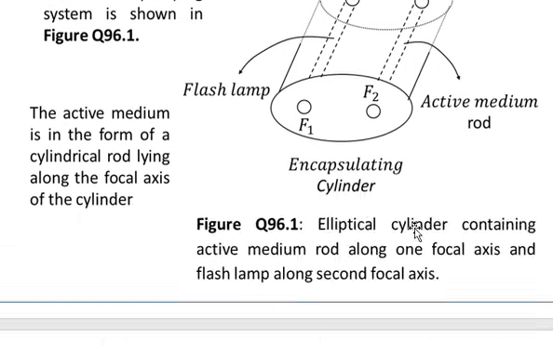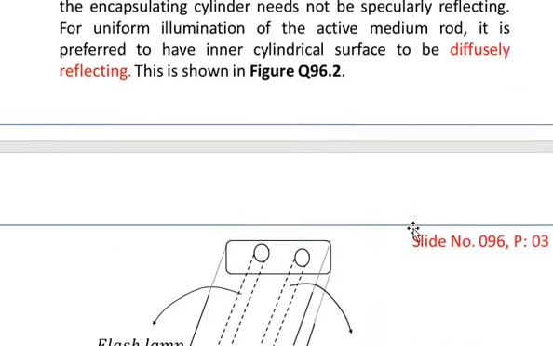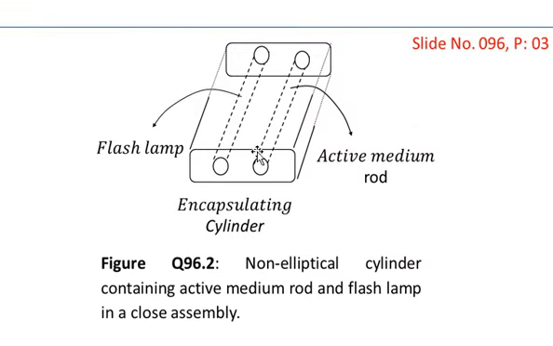But you know that if we have a non-elliptical cylinder, that is, it is not of the elliptical type, then of course you can place the flash lamp and the active medium very close to each other. And you see that the cross section of this geometry shows that this is a non-elliptical shape.